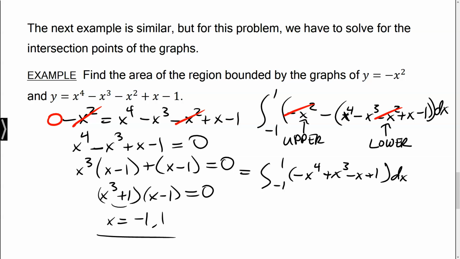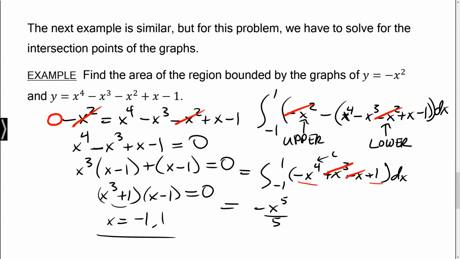Okay, so you should have remembered that when you're integrating from minus a to a, like here negative 1 to 1, since that interval is symmetric about the origin, any function that's odd is going to evaluate to 0. So we have an x cubed term here, so we can just ignore that. That's an odd function. Minus x is an odd function. So really it's just the minus x to the fourth plus 1. And actually you could use the property again, in fact, let's do that.